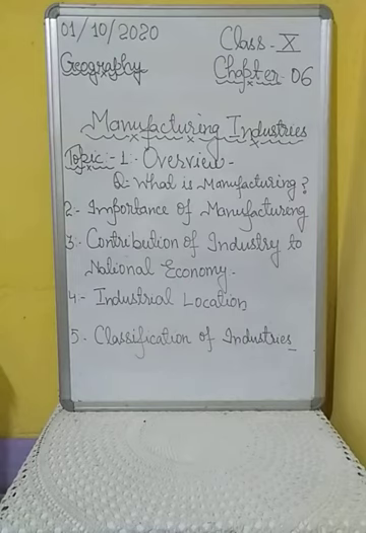Okay? After that, next one is on the basis of capital investment. So, students, on the basis of capital investment, there are two types of industries. Number one is small scale industries and number two is large scale industries.